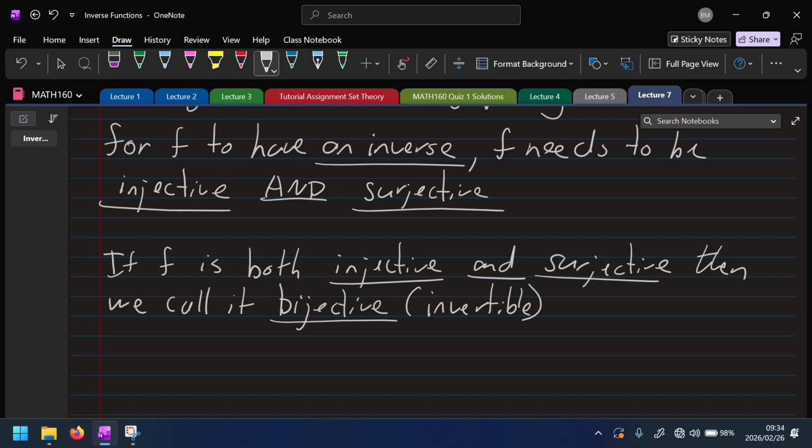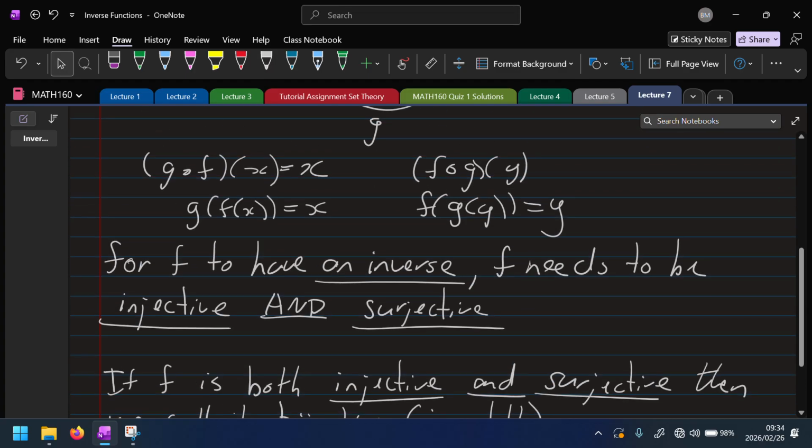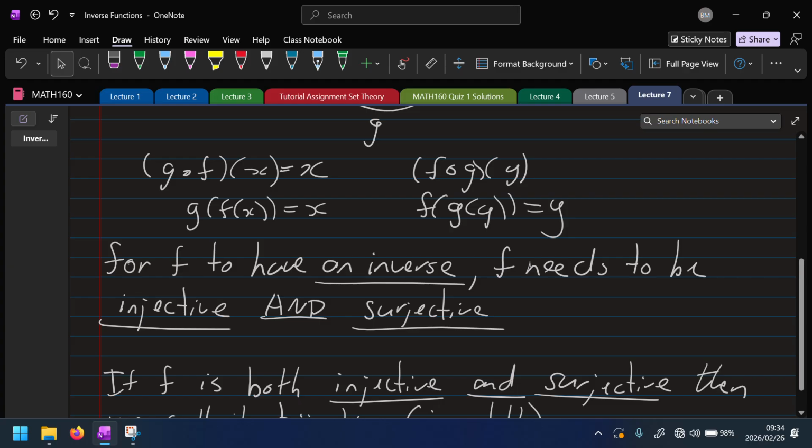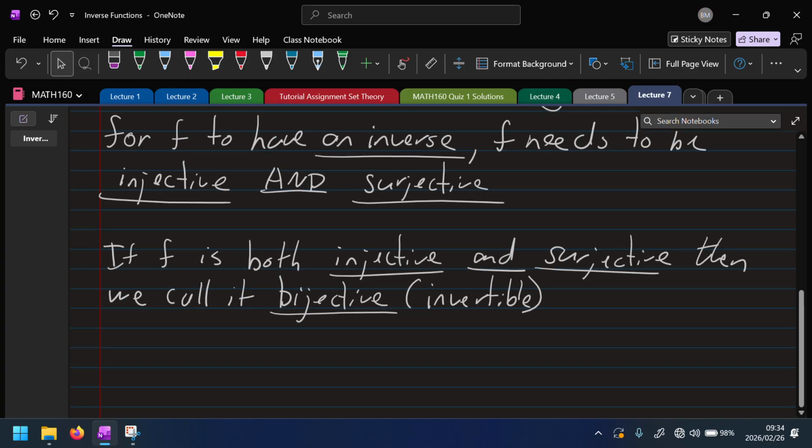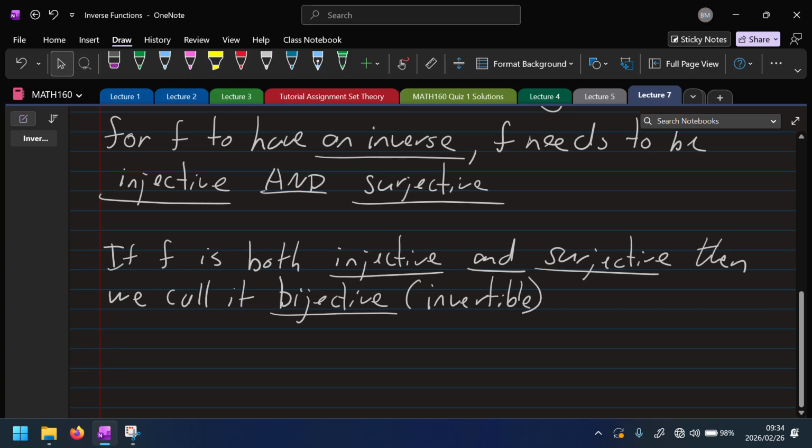And if that's the case, then this g over here, being the left and the right, we give it the special name with the f for the little -1. It's not a power or an exponent, it's just a symbol. We call it f inverse, f with a little -1 there.